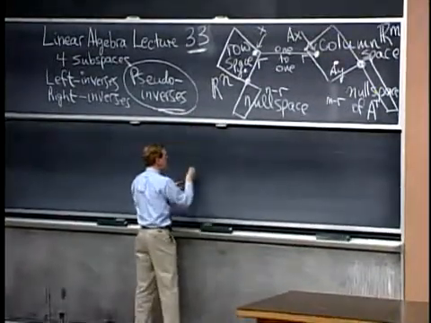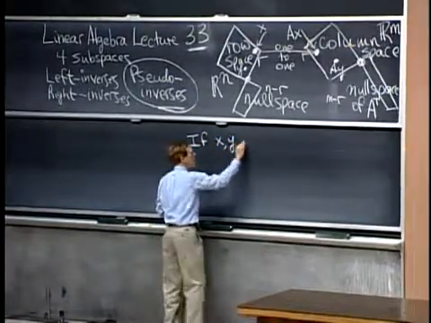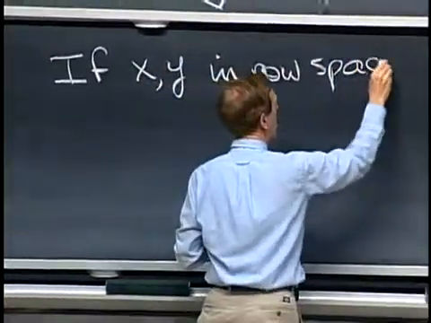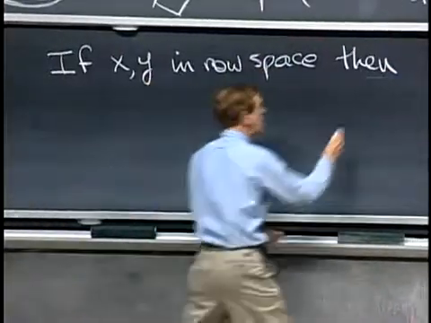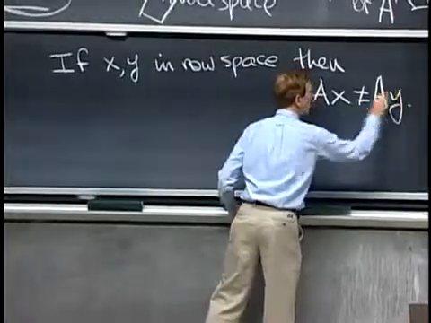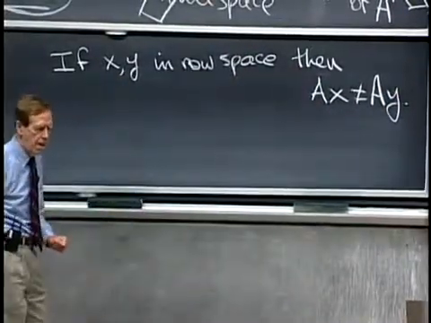All right, so here's what I said. If x and y are in the row space, then Ax is not the same as Ay. They're both in the column space, of course, but they're different.